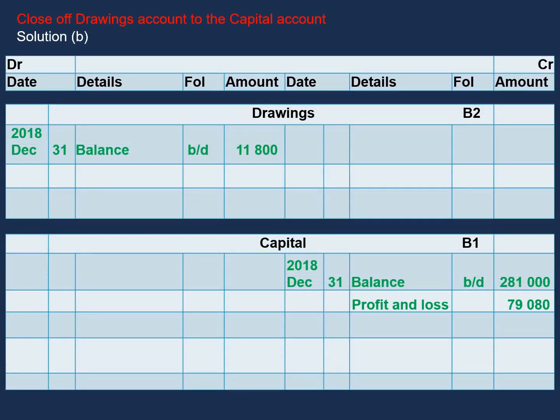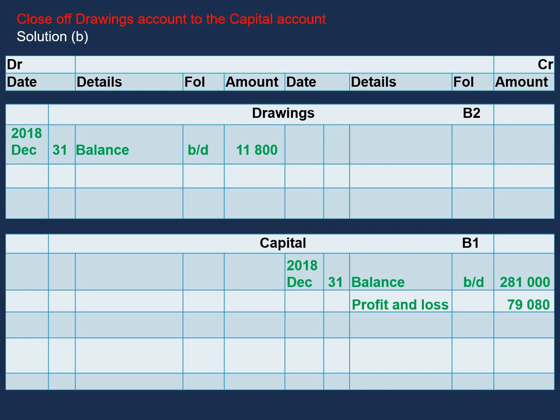Here we will have a look at closing off the drawings account to the capital account. Now our drawings has a balance brought down of 11,800, and our capital account has a balance of $281,000, and it has a profit of $79,080.